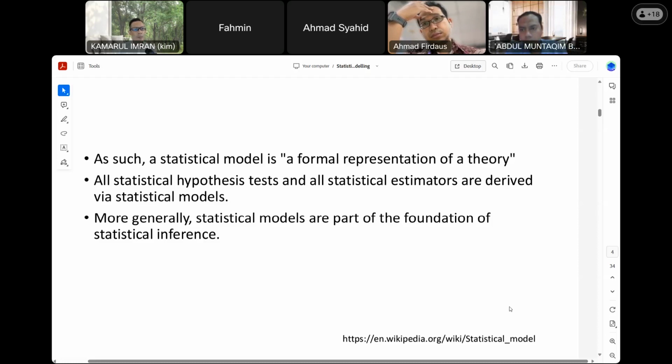From the model, you can do statistical hypothesis testing, and then you get the estimators for the statistical model. After that, from estimation, again, you go for inference. So from these few slides, I want you to remember, when you do statistical modeling, it means you got data. From data, you do estimation. Estimate what?